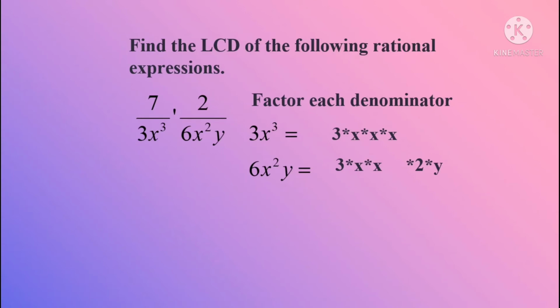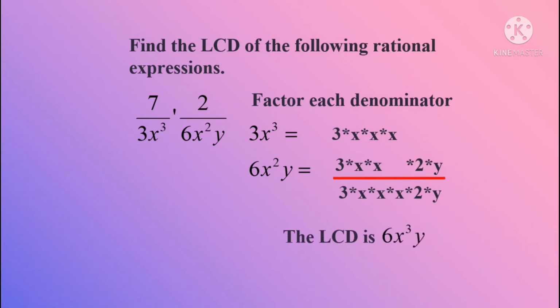And then 6x squared y: 3 times 2, which is 6, and x squared, x times x, and then y. So therefore, our LCD is 3 times 2, which is 6, and how many x? We have 3, so x cubed, and then y. So our LCD is 6x cubed y.